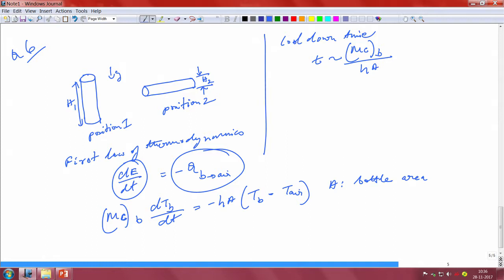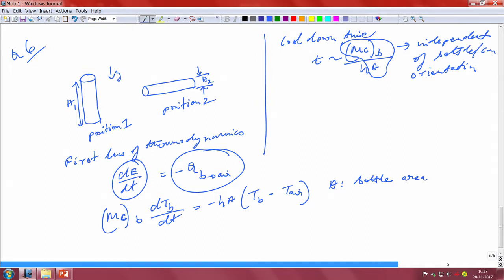Okay. So, in other words, this particular factor, this m Cb by A, right, only this part is basically independent of the bottle or the can orientation. Okay.